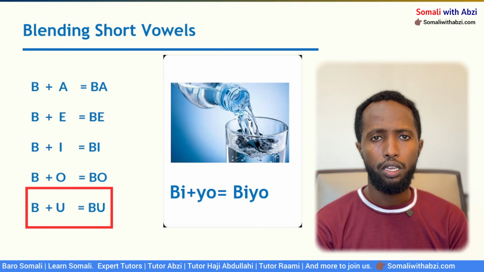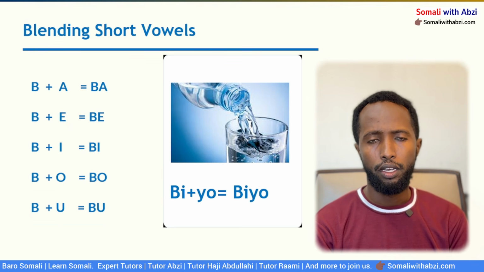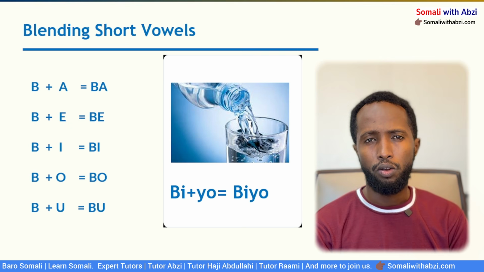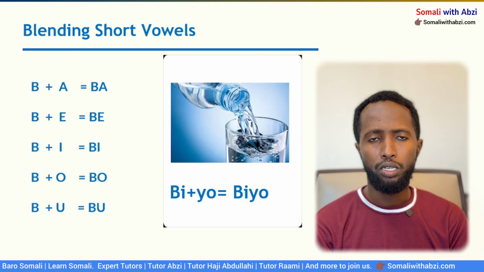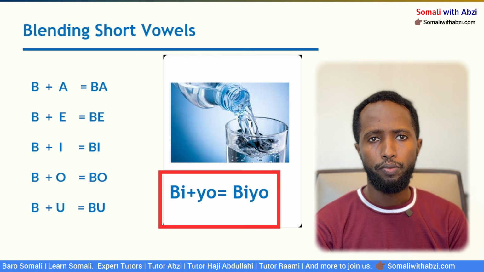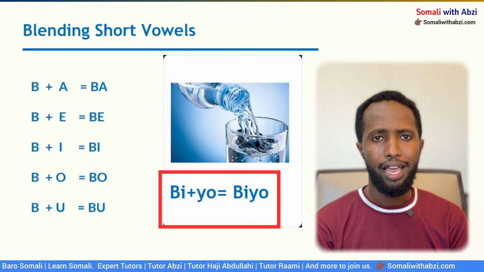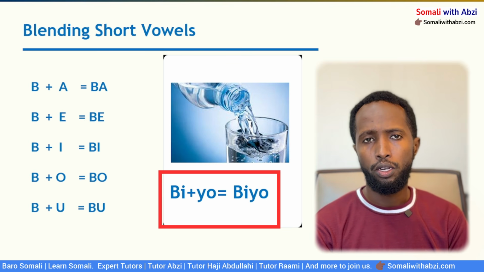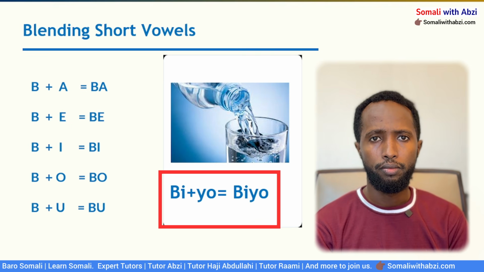And the last one is ba plus u, it sounds like bu. Now let's have a real example, which is very simple to understand, which is biyo. Biyo has two syllables, which are bi and yo. Together it sounds like biyo, which means water.